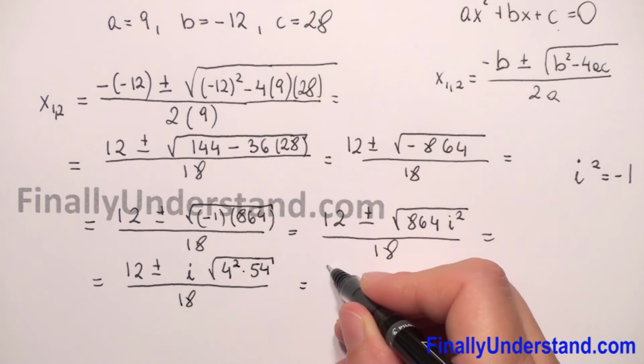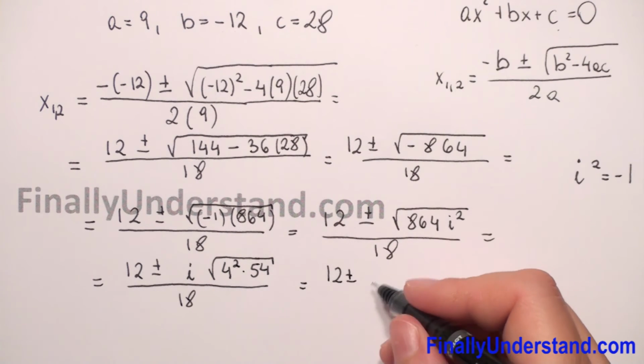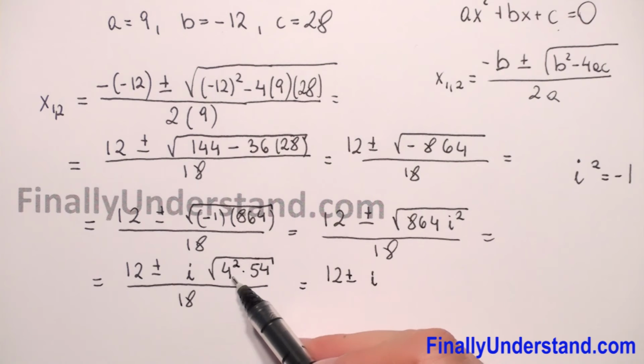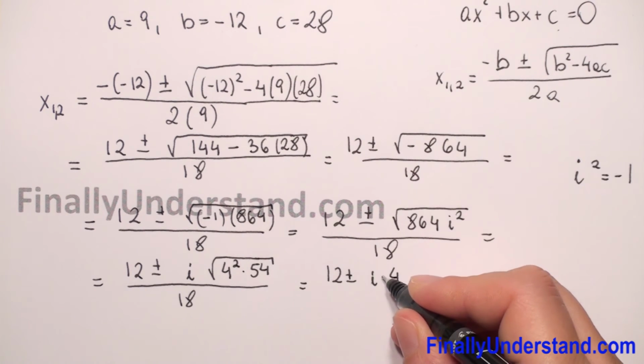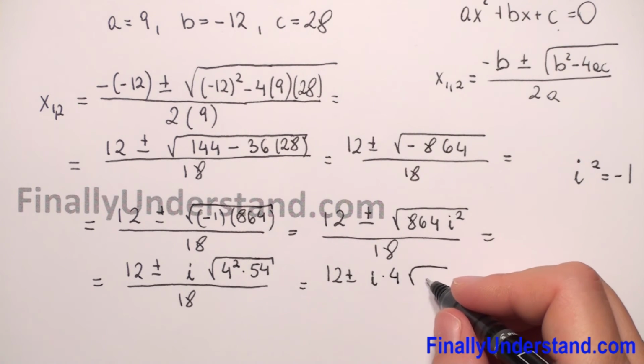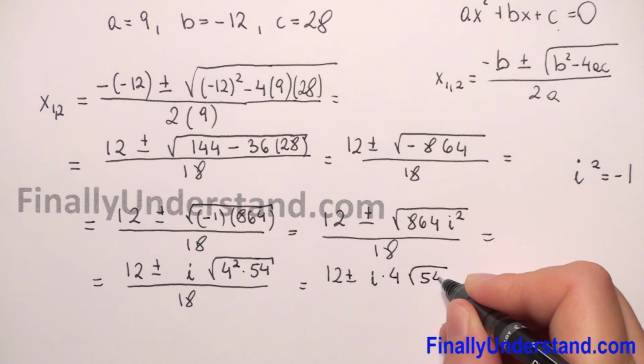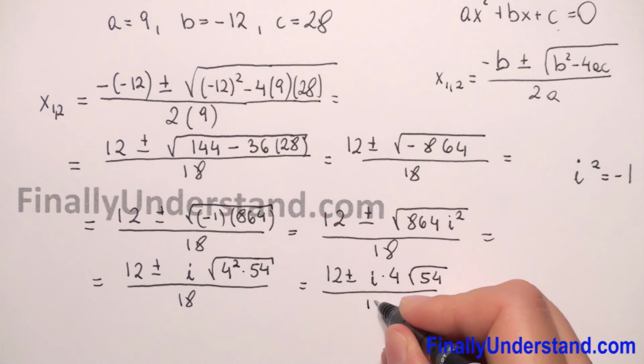So this is equal to 12 plus minus i, and since we have multiplication, we can take the square root of 4 to the second power, so it will be 4, and under the square root we have only 54, over 18.